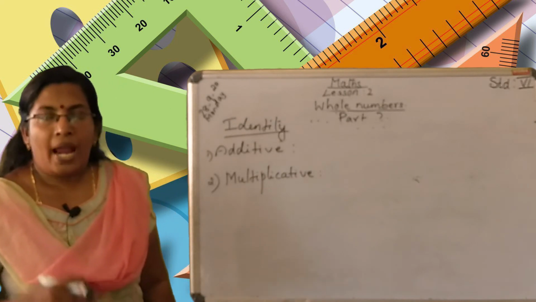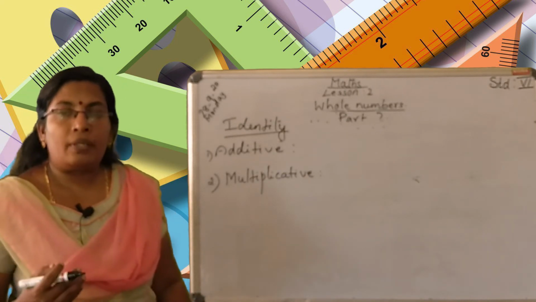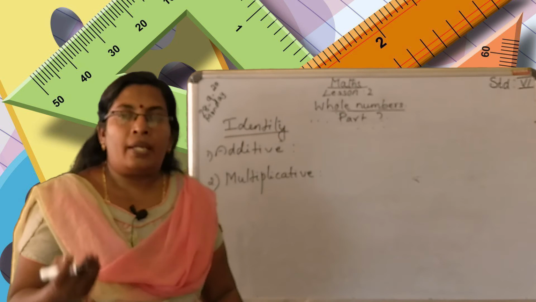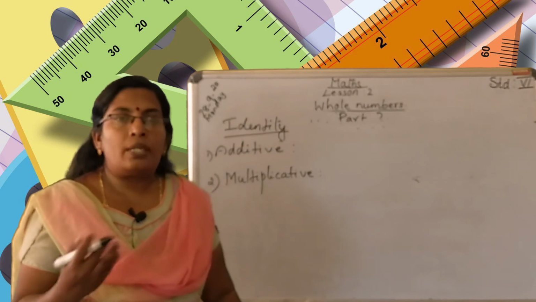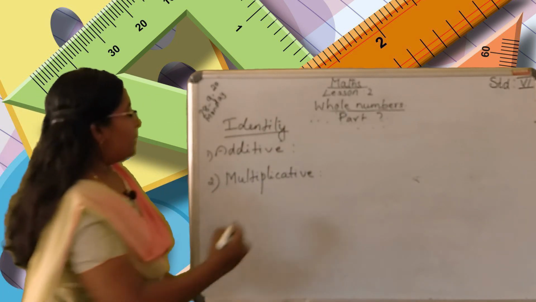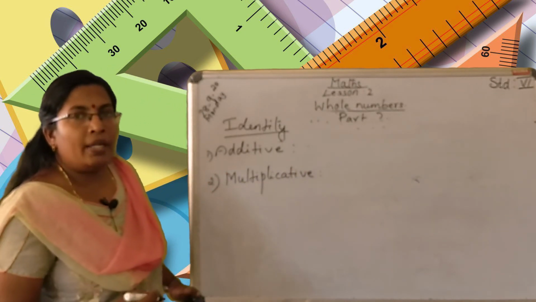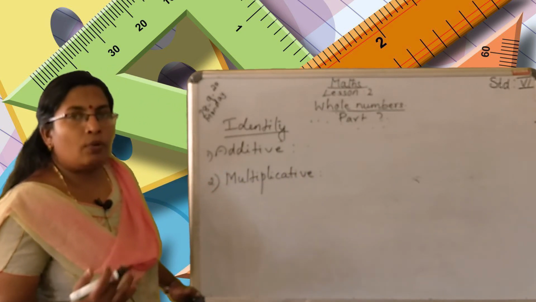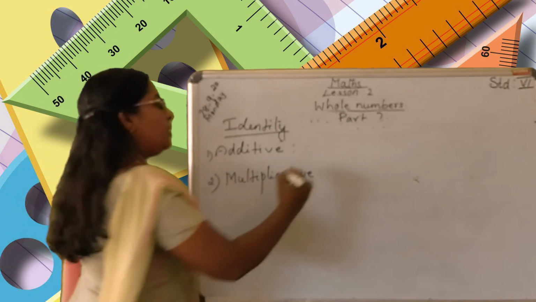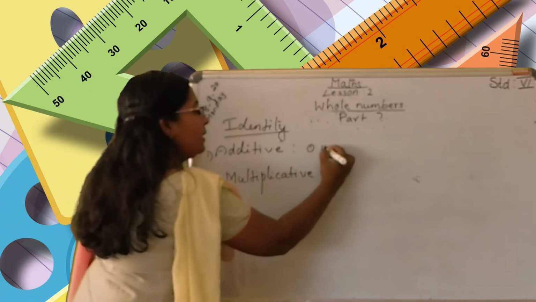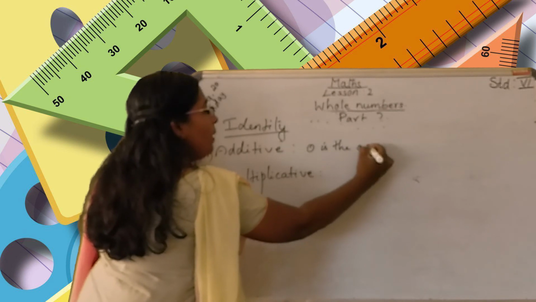Which number is added to a number? A number is added to a number that gives the previous number. For example, 5 is added to what gives 5? 0. So 0 is the additive identity.